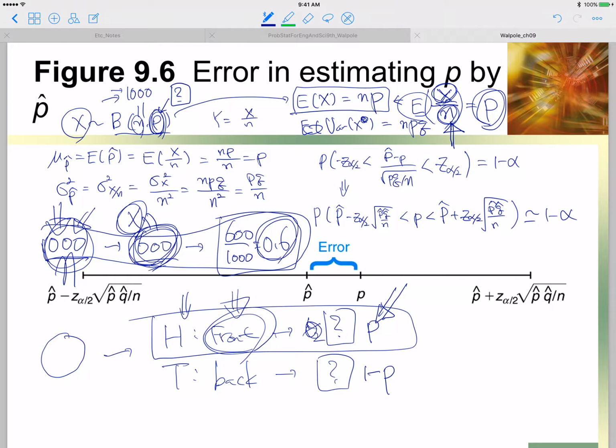We only see one random variable X, and that random variable is sampled from a binomial random variable, which by definition contains these repetitive samplings from the Bernoulli random variable, right? So we see only one random variable, but in order to recover the probability p, we just divide it by n. In that way, the average value or expectation value of x over n will be the same as the true probability p.